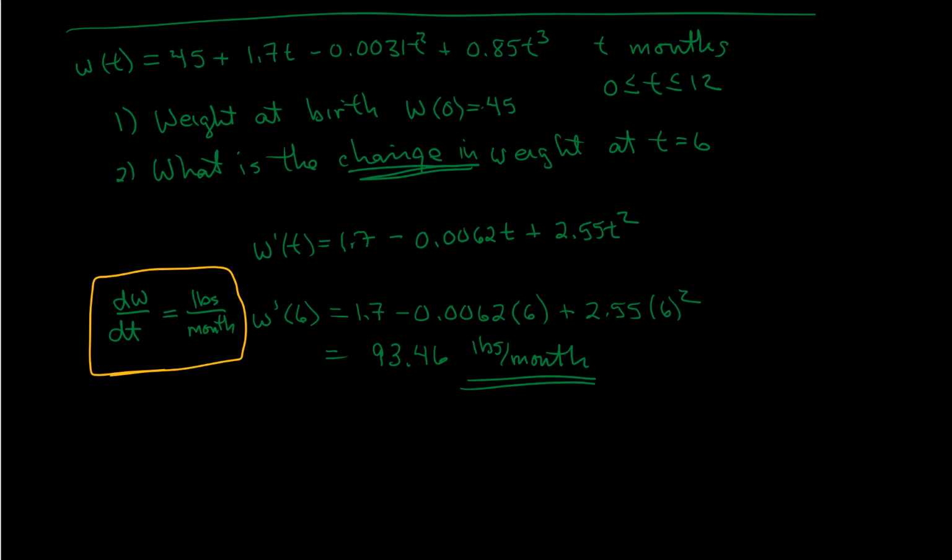So the units in the denominator are going to be months. When you combine those two, the units on the number are going to be pounds per month. This would mean from month 6 to month 7, the animal picks up 93.46 pounds in weight. Obviously, that's too much, but it's an equation. It's something to run with.